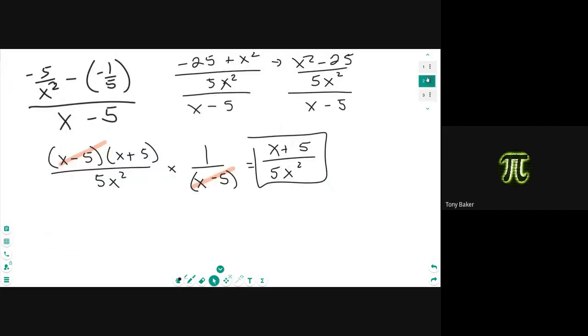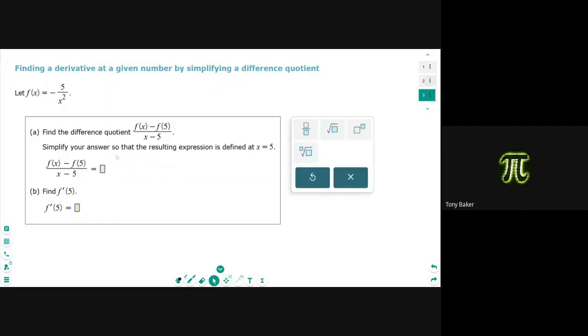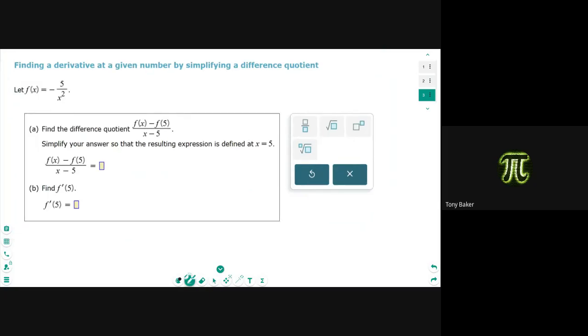So the first part is x plus 5 over 5x squared. The first part just wants you to simplify it all the way down, so then you can plug in 5 and get the answer. Because in the original problem, I plugged in 5, I get 5 minus 5, I get 0, and I can't do it.